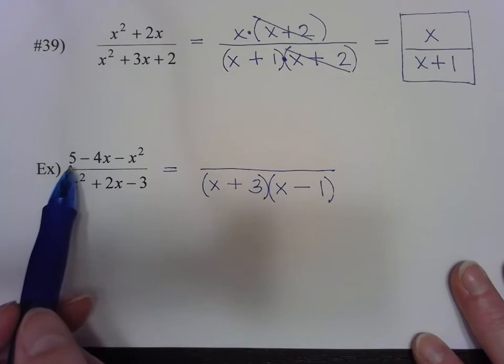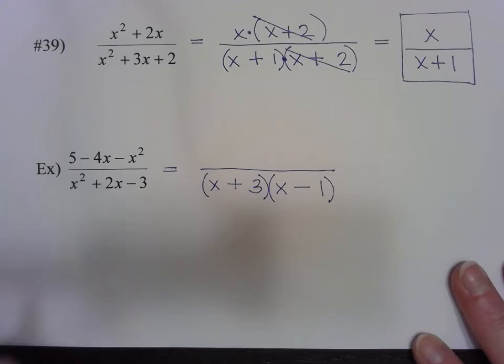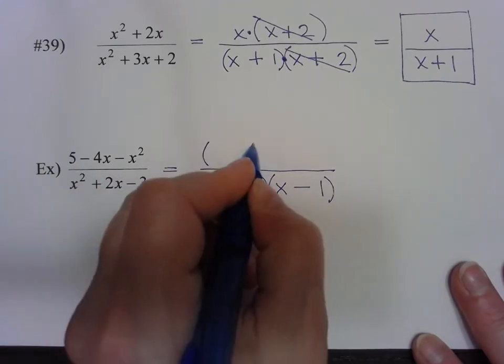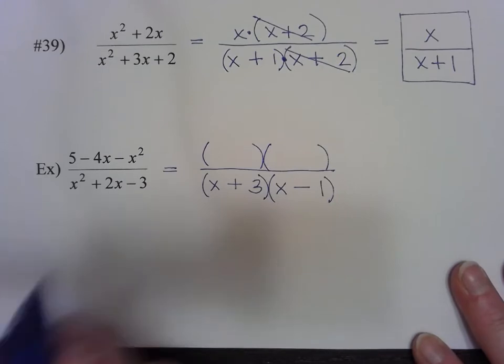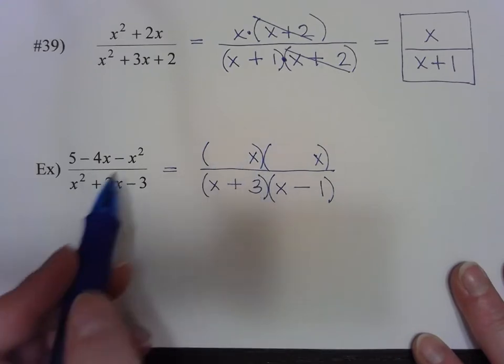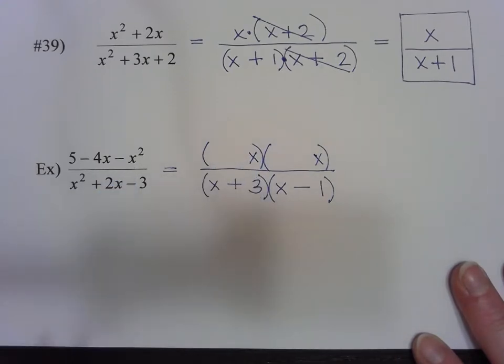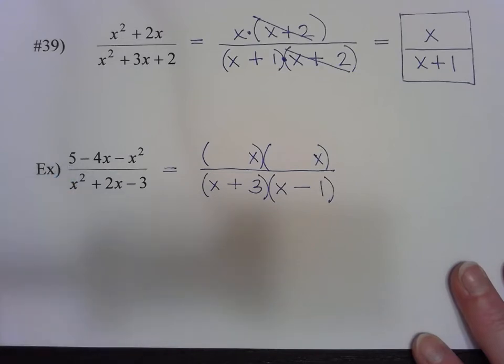For a lot of reasons, I want to show you a few things. I'm going to leave the numerator the way it is and try to factor it backwards like this. I know it looks weird, but I really want to show you this. This is not your only option by far, but we're going to try this out anyway. Now the x's are in the back. I need two numbers that multiply to be 5 and add to be -4.